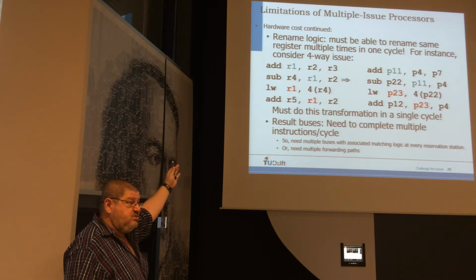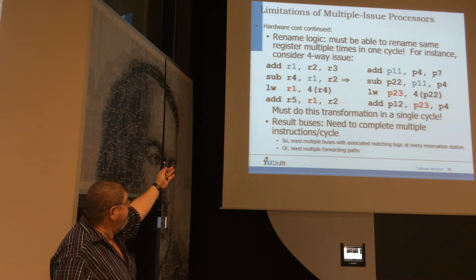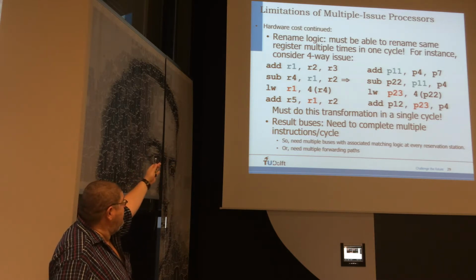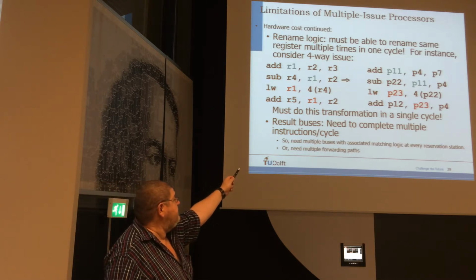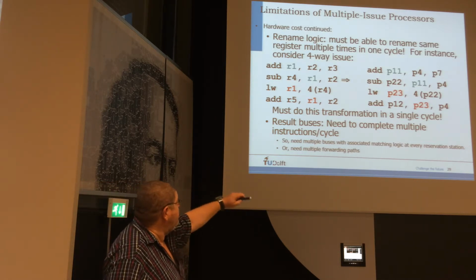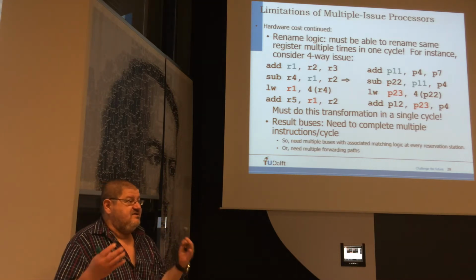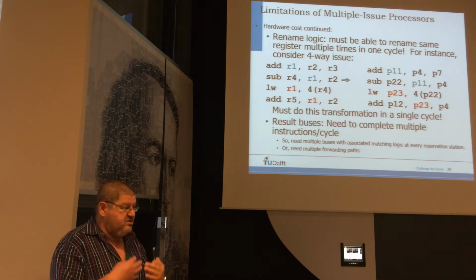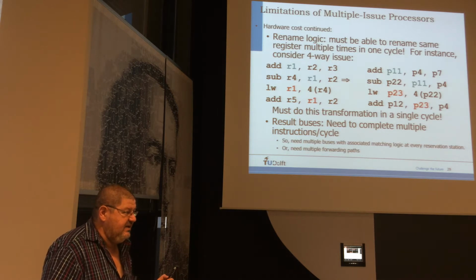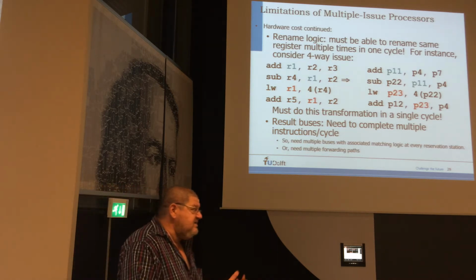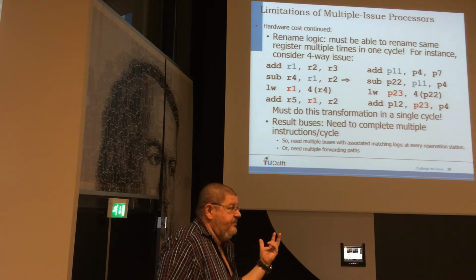I can issue that if I do renaming because there are no real dependencies, which means I start with this and I have to be able to create that, where P11, P23 and P22 are actually not visible registers, but are registers internally, like reservation stations. I can do that easily for one, but I have to do it for many.